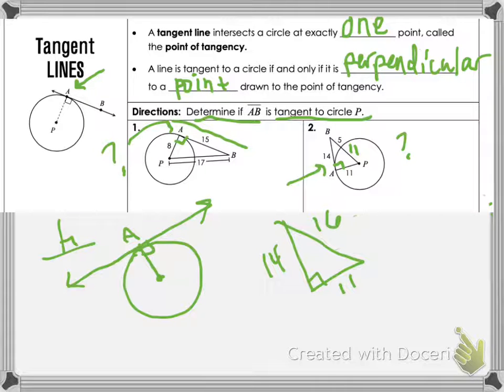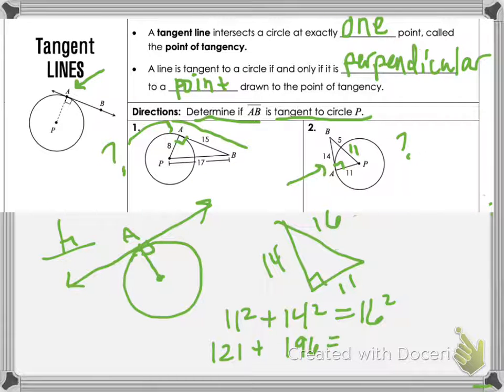Okay, so now we want to see if the Pythagorean theorem is true. 11 squared plus 14 squared is 16 squared. So we will grab a calculator. 11 squared is 121. 14 squared is 196.